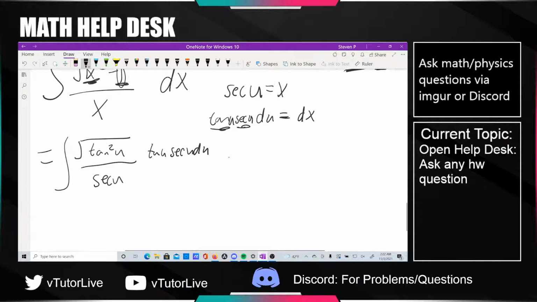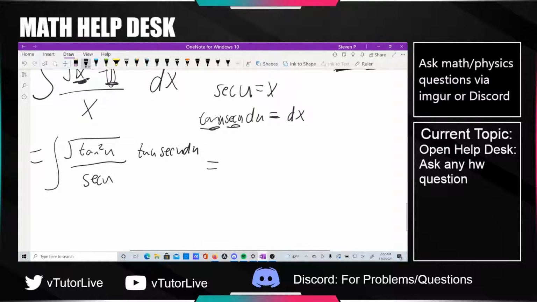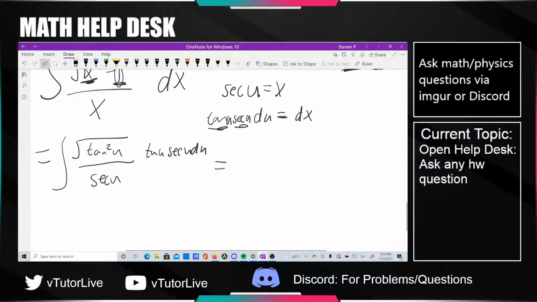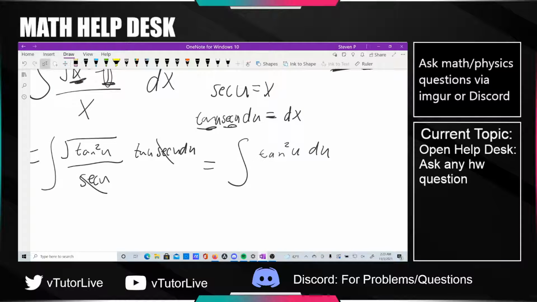Look good so far? We're going to get a bit of cancellation. You're going to cancel the secant. Yeah, the secants cancel out, and the square root of tan squared is just a regular tan, but then it gets multiplied with another tan. So I think this is what it looks like: the square root of tan squared u du.